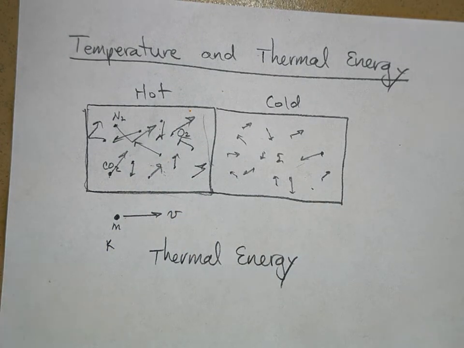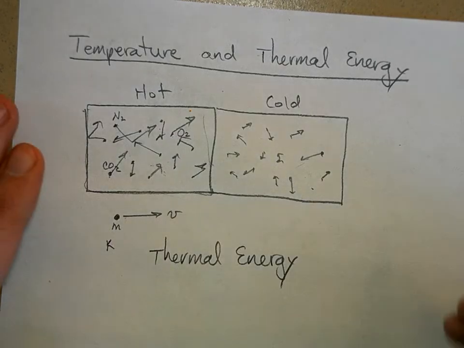Now, by the way, it's kind of interesting if you have hydrogen gas that's at the same temperature. What is hydrogen made out of? What kind of molecules make up hydrogen gas? Well, it's not just hydrogen atoms. It's two hydrogen atoms glued together. It's H2.